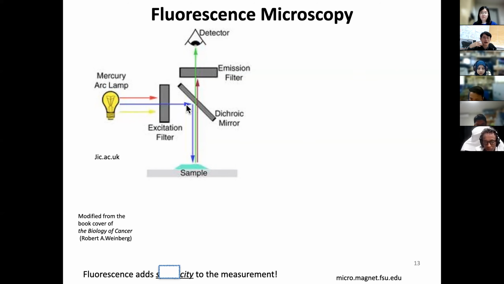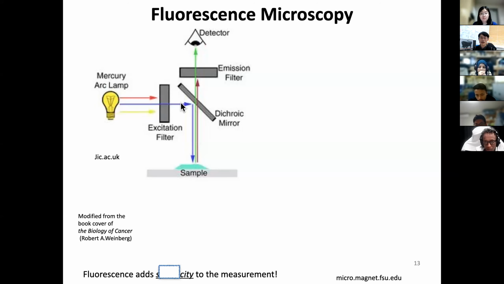Epi means above. You shine on the sample from above, and you detect the image from above. If you shine from the bottom and detect on the other side, it's called transillumination. So this is epifluorescence, the very typical way.